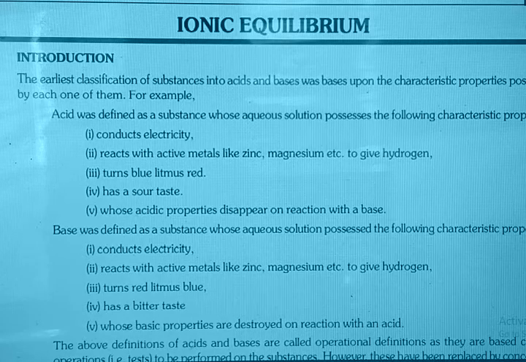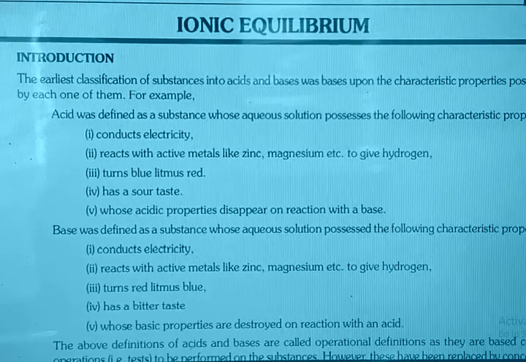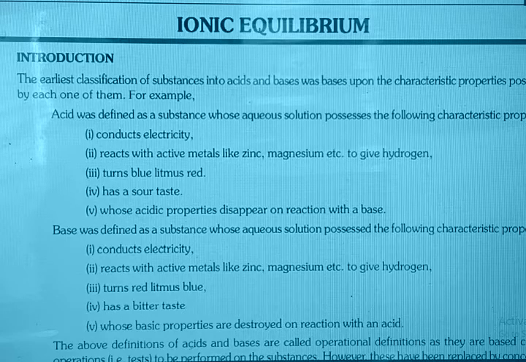So these were the properties of acid and base by which you can understand this is acid and this is base. All these things are called operational definitions, means by which you can classify that these substances are acid or base.